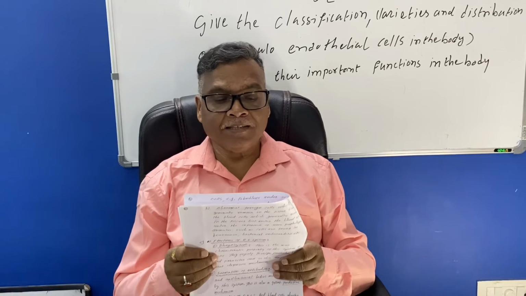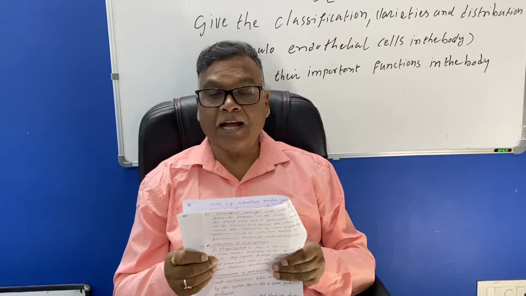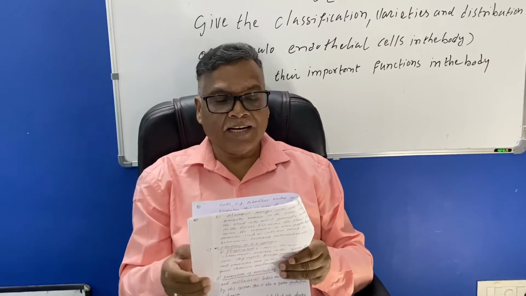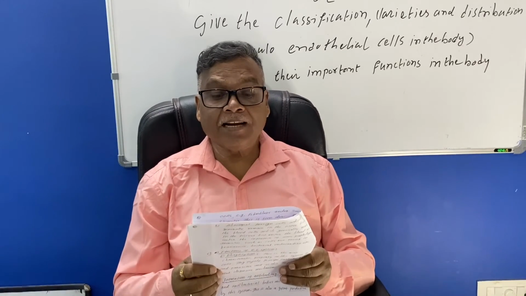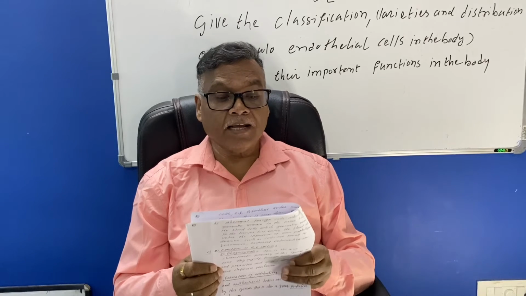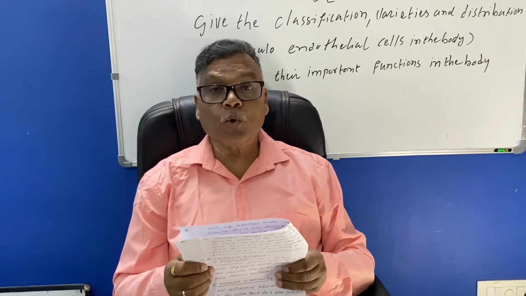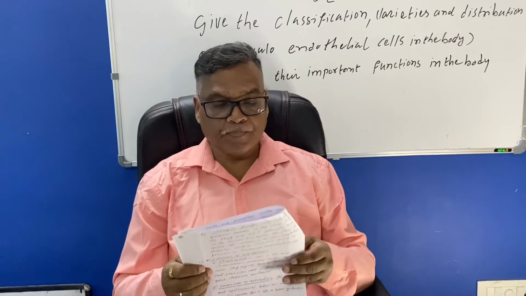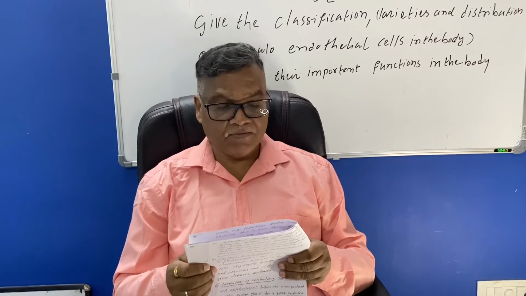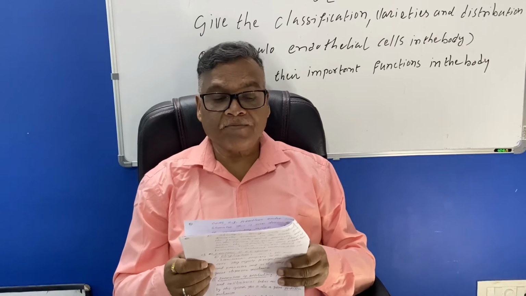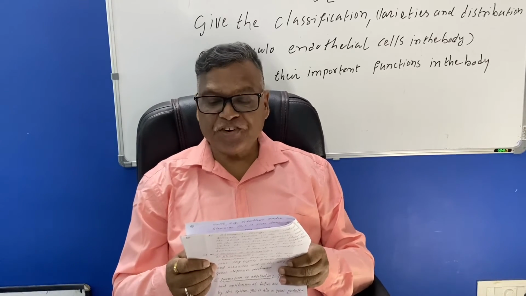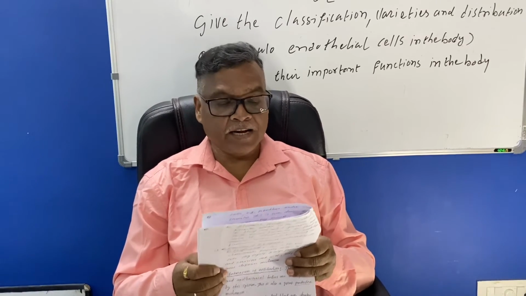Fifth, heading: destruction of red cells and white cells. Underline it. The senile red cells and white cells are engulfed and destroyed by reticulo-endothelial cells. Full stop. In the adult life, it takes place chiefly in the spleen and liver.